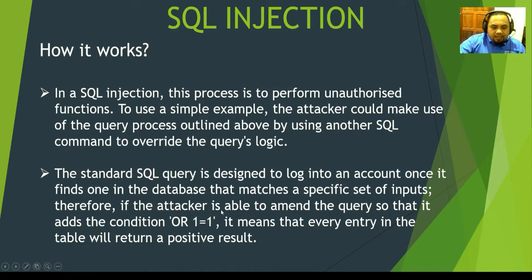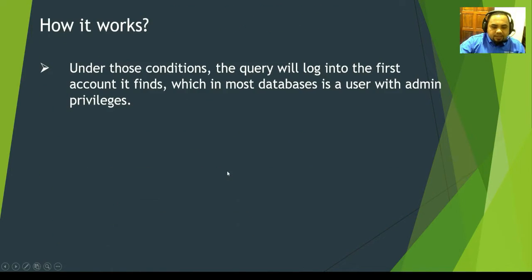Therefore, if the attacker is able to amend the query so that it adds a condition like OR 1=1, I can show you after this in the demo how we use the OR 1=1 in a SQL injection demo. It means that every entry in the table will return a positive result.